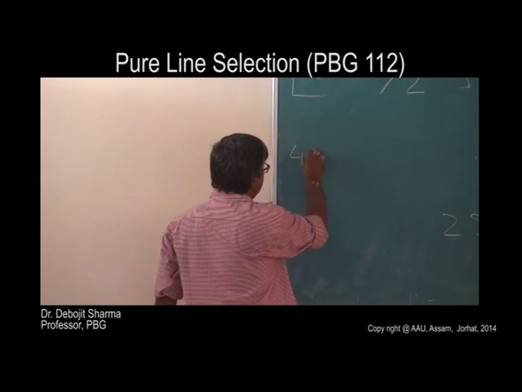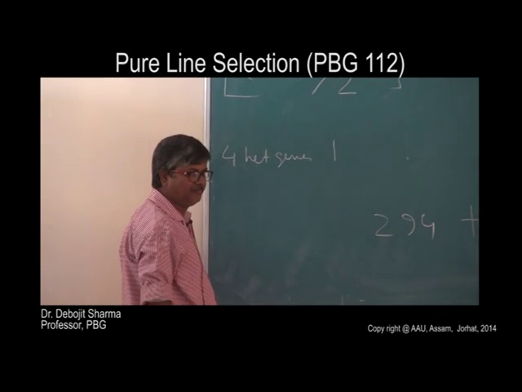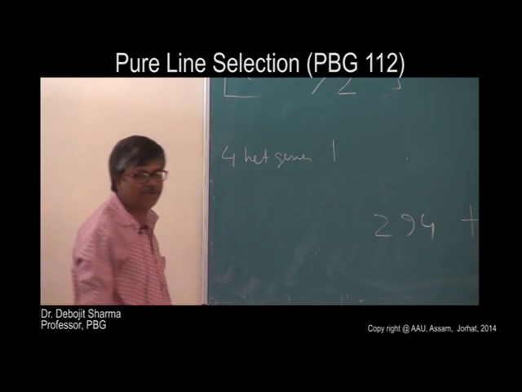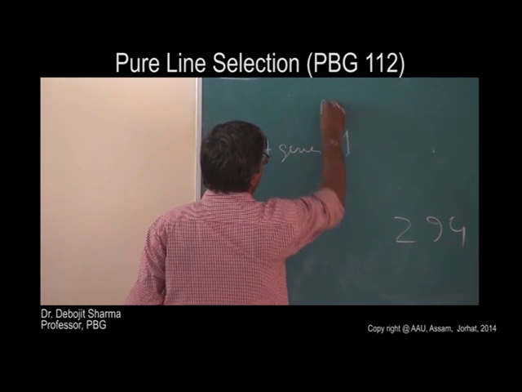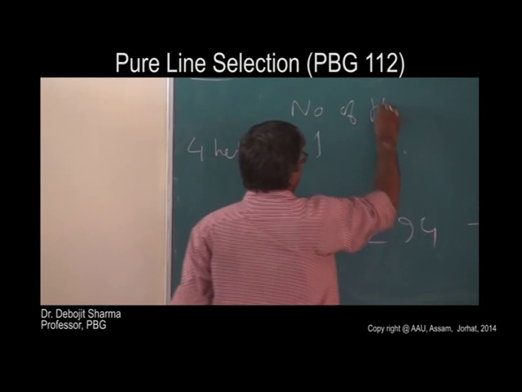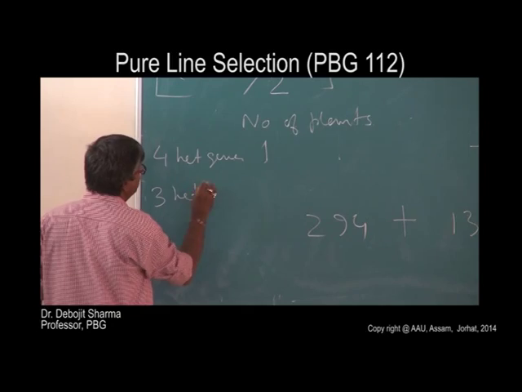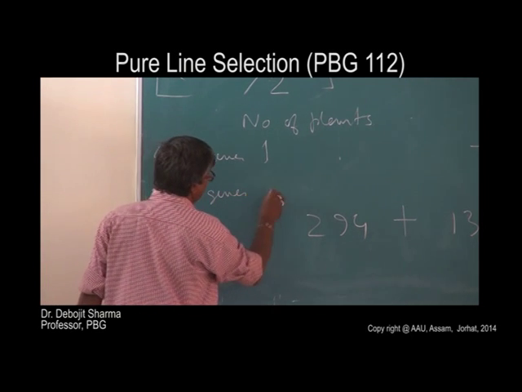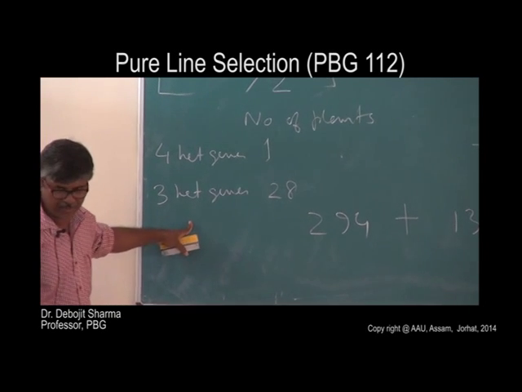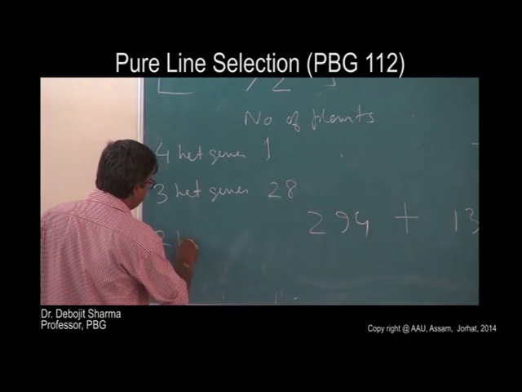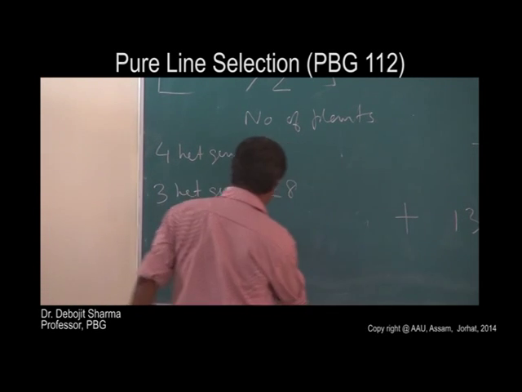Individuals having 4 heterozygous genes: 1. Number of plants having 4 heterozygous genes: 1. Then 3 heterozygous genes and 1 homozygous gene: 28. Then 2 heterozygous genes: it is 294, isn't it?